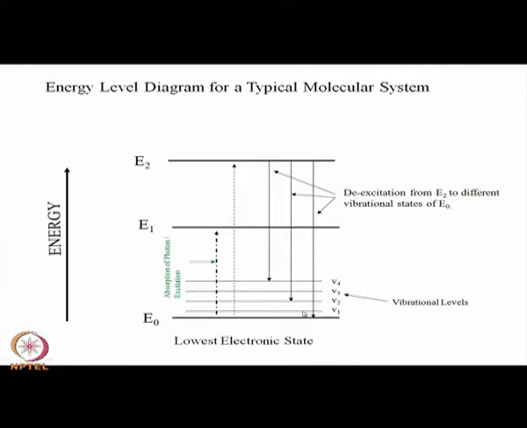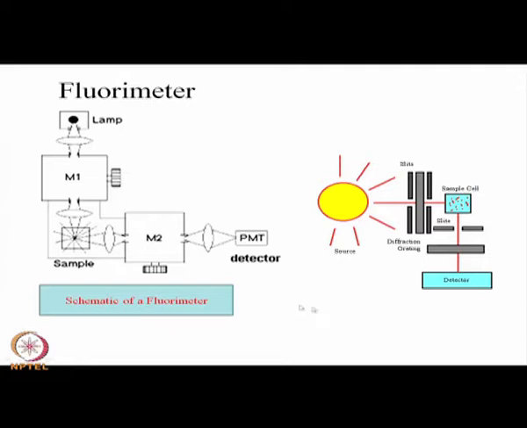Associated energy level means whether there is involvement of vibrational levels. Of course, vibrational levels are involved. Therefore, your emission will have not only one frequency, but other frequencies are also there. That means emitted light will have some spectral feature, I mean it will have more than one frequency.